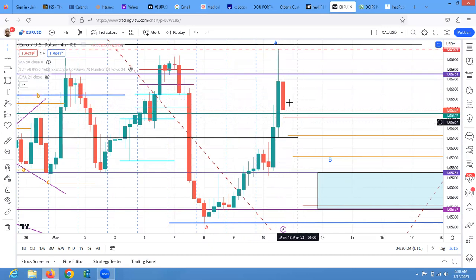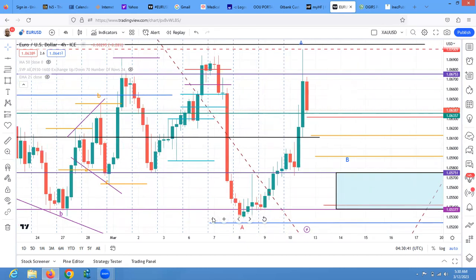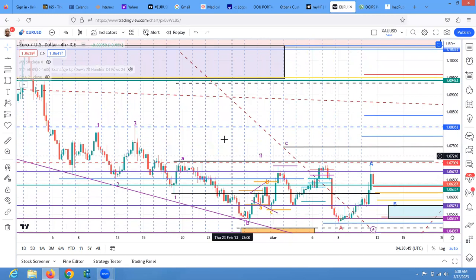It can be zigzag, it can be anything to the downside, but these are the areas we want to look for a buy. I won't be looking for a sell immediately to break this structure. So I'll be looking for a B to C, and after that, we are not going to come down and break this structure. We must know what price is giving us.